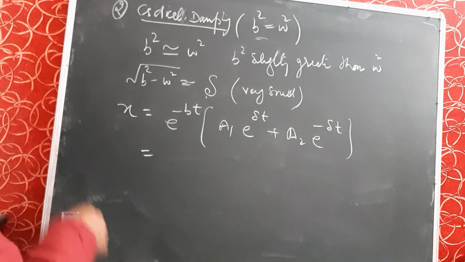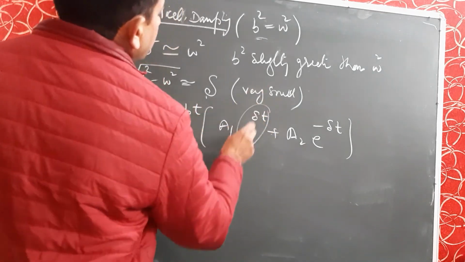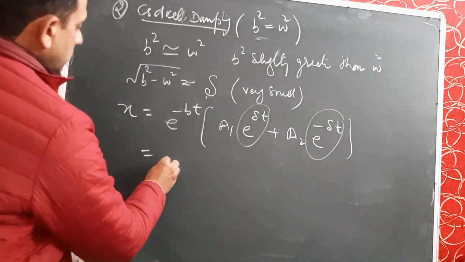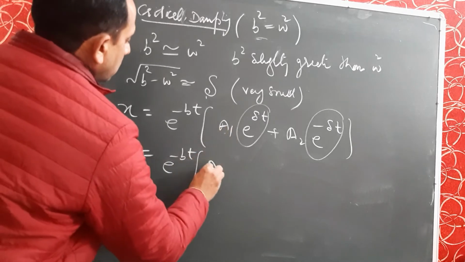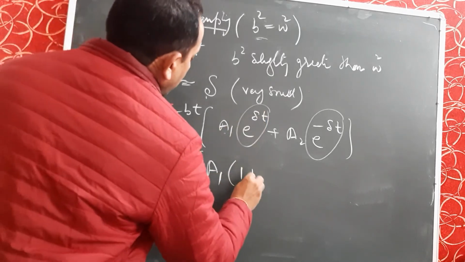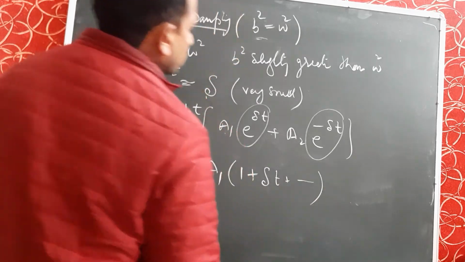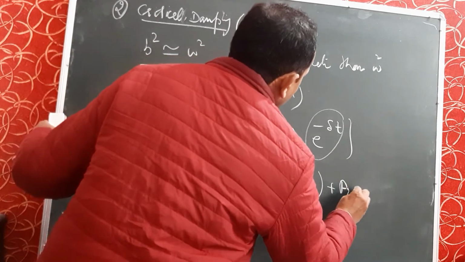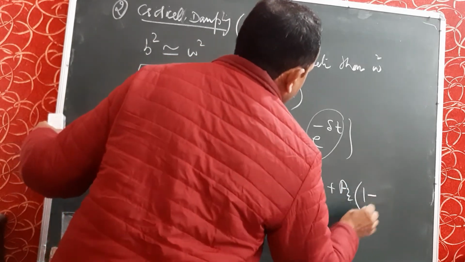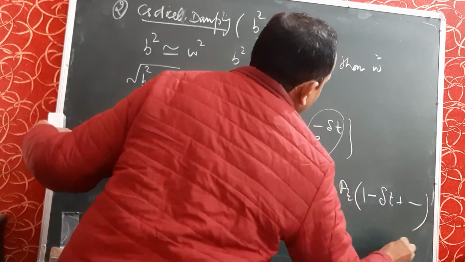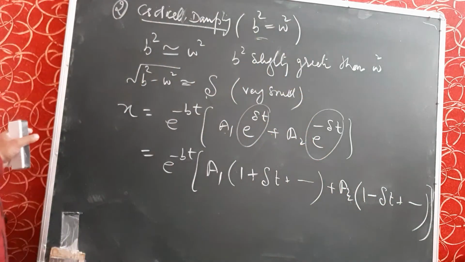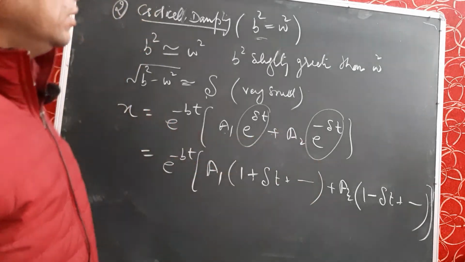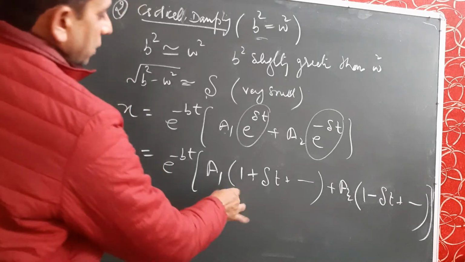Now we will expand e power delta t and e power minus delta t. a1 into e power delta t is 1 plus delta t plus higher powers of delta t, and similarly a2 into 1 minus delta t plus higher powers of delta t. As delta is very, very small, higher powers of delta can be neglected, so we consider only two terms.